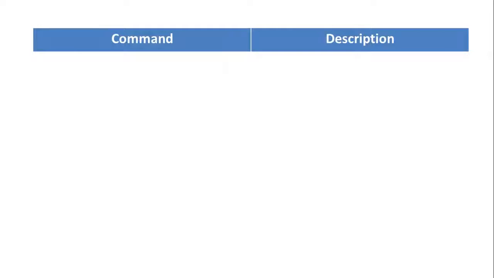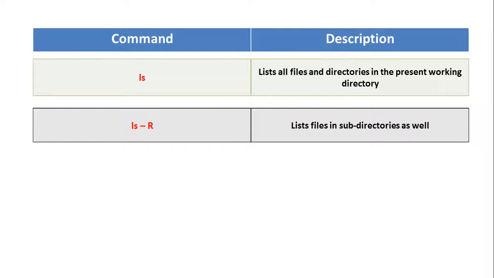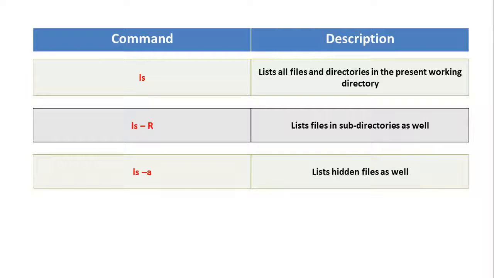Now let us quickly summarize all the commands learned today. The ls command lists all files and directories in the present working directory. The ls -R command lists files in subdirectories as well. The ls -a command lists hidden files.